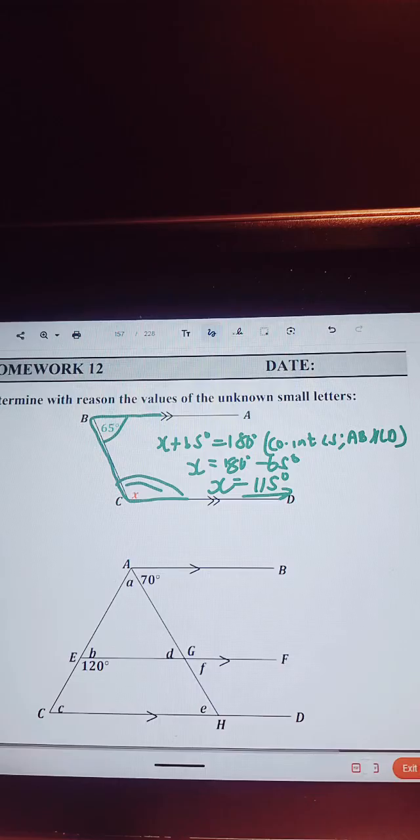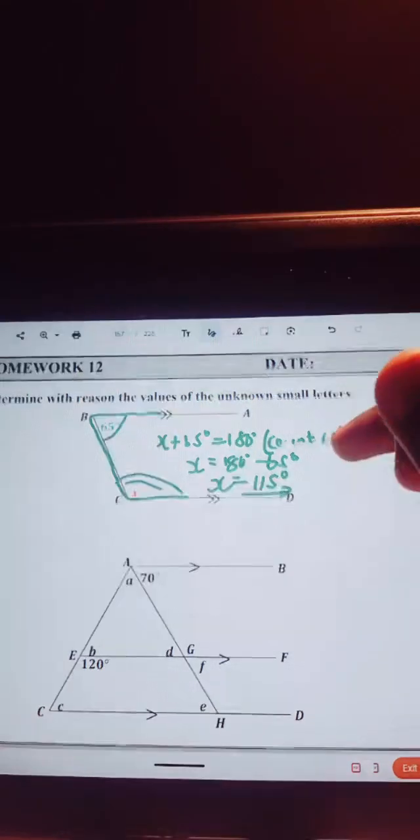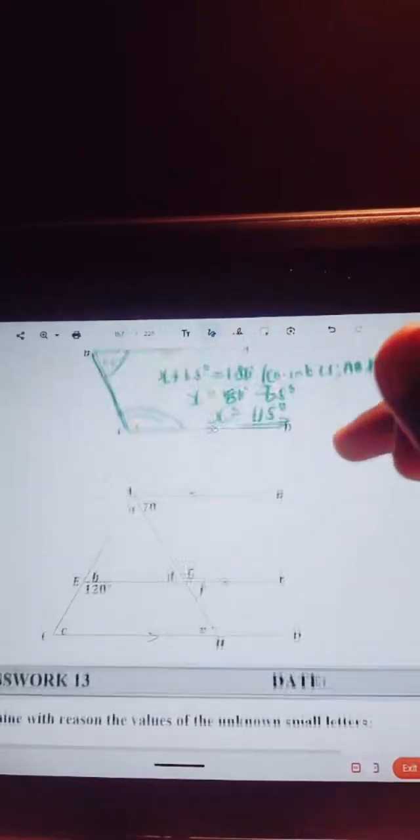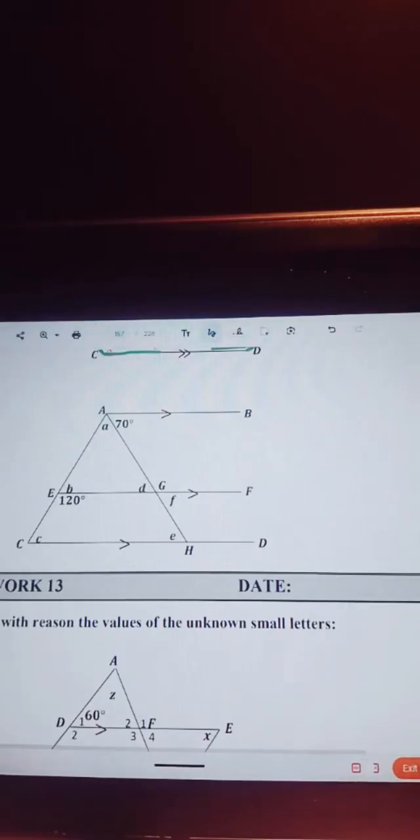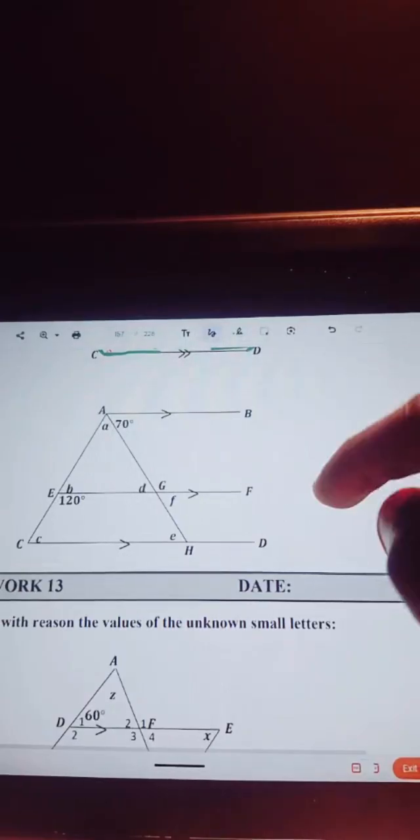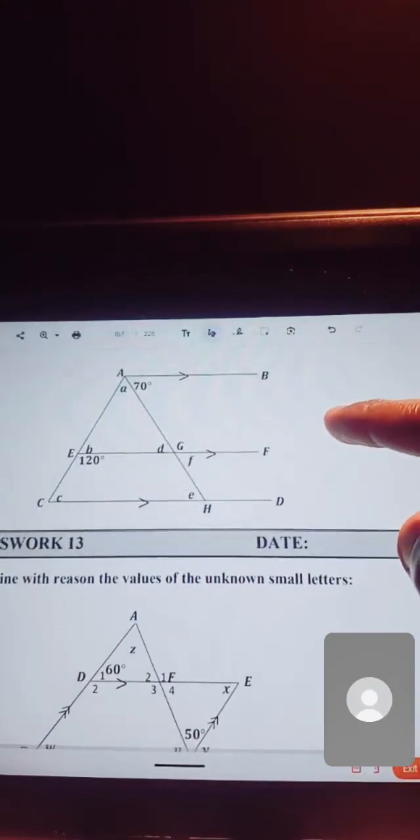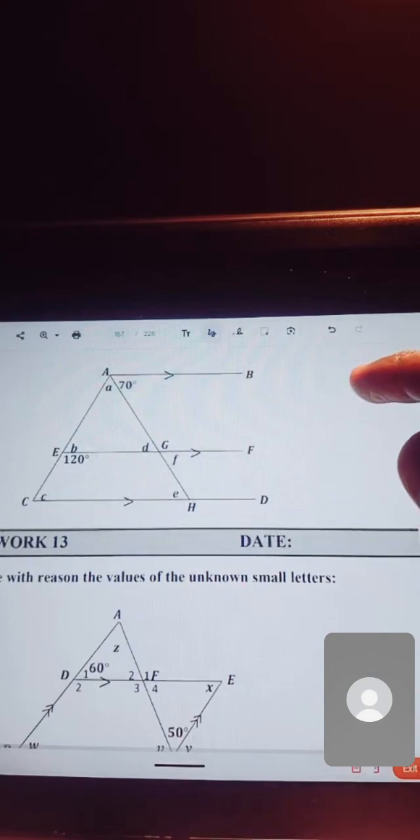Oh, thank you for the heart, Junior. Thank you for the heart. First gift for the live. Thank you so much. Okay, let's do this one. Yeah, bon.